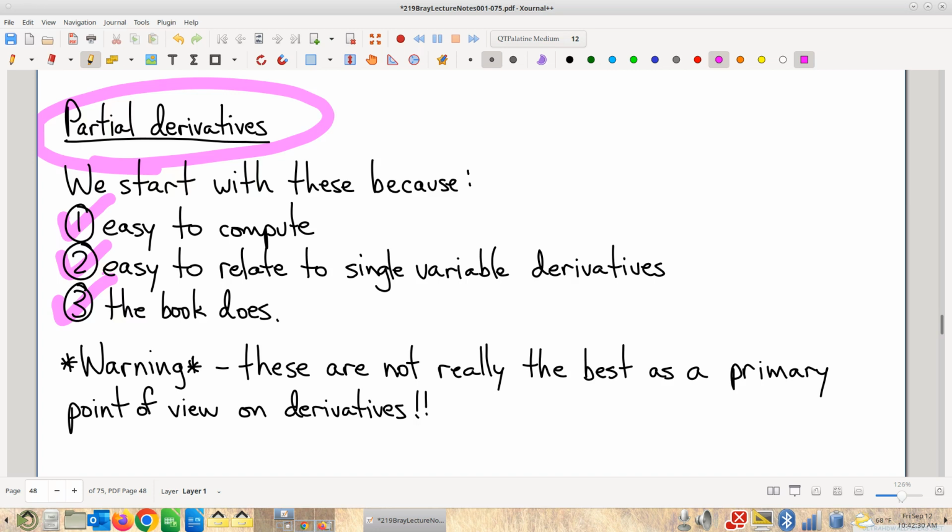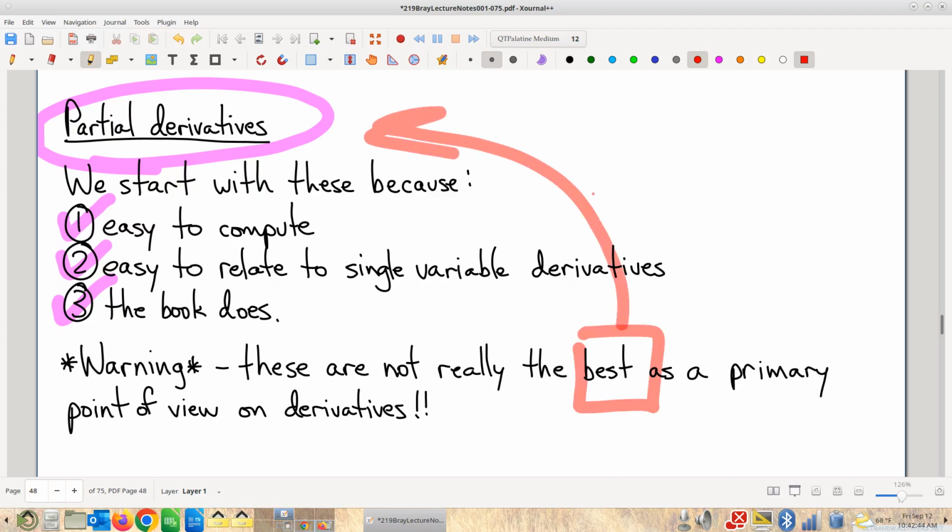Partial derivatives are kind of nice in certain ways, but ultimately they're misleading about how you really ought to think about derivatives. There is a best way to think about derivatives, and it is not partial derivatives. So what is the best way? We'll get there. It'll take us a couple days. Be patient. But anyway, full warning.